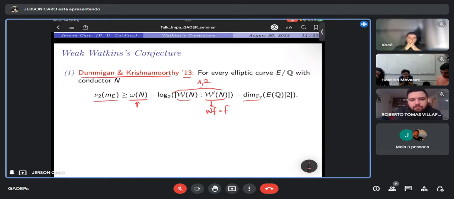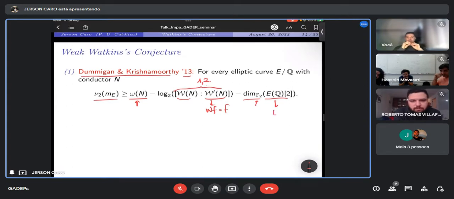And finally, we have the two-adic valuation of the dimension, as an F2 vector space, of the two torsion of the elliptic curve. And I want to say that the two torsion of an elliptic curve has only 3 cases: 0, Z/2Z, or (Z/2Z) squared.